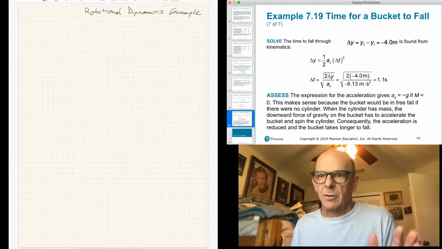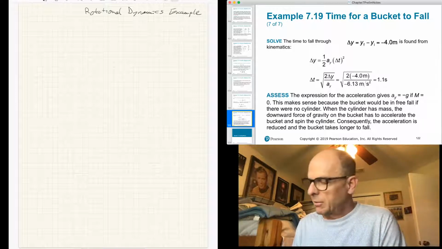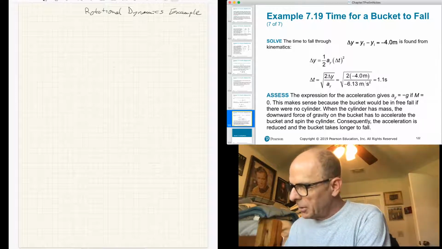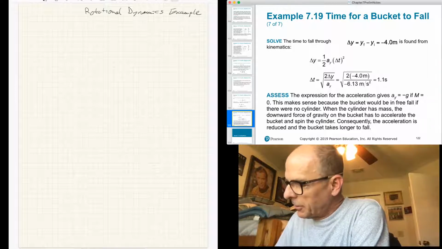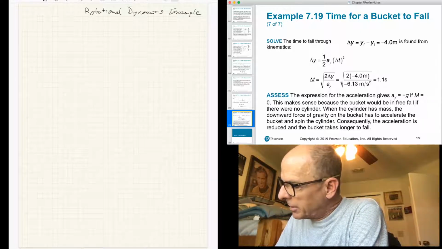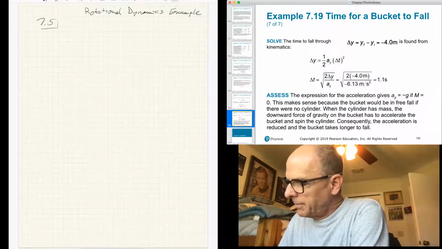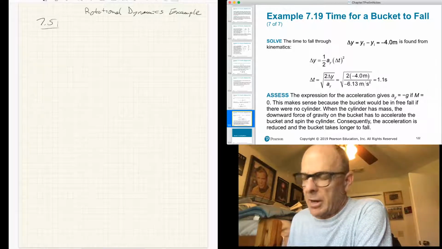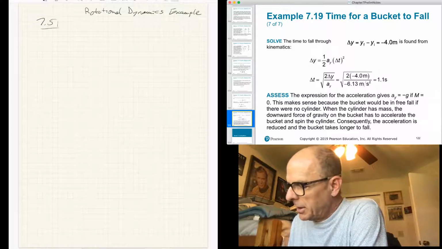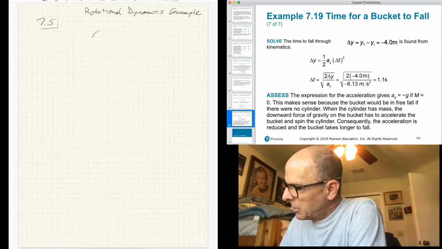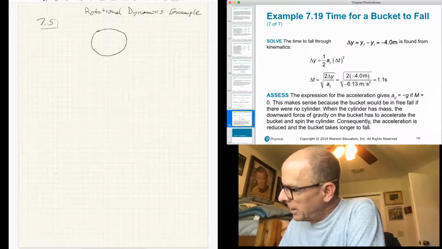Go through the slides. You can read those as well in your own time. I'm going to give you your own example here. So this is chapter 7, number 51. In this example, there's a frictionless pulley modeled as a 0.8 kilogram solid cylinder with a radius of 0.3 meters. So let's draw the pulley, and there's a figure provided in the book for this problem.